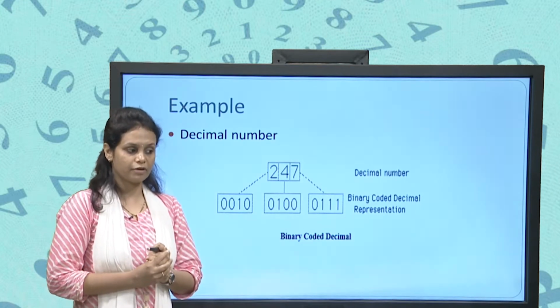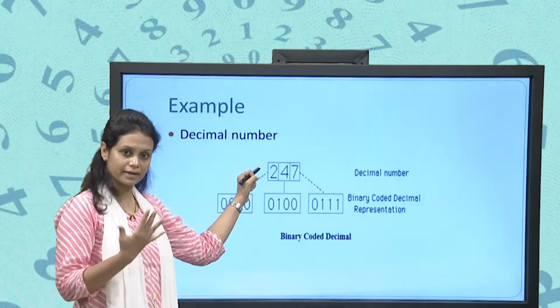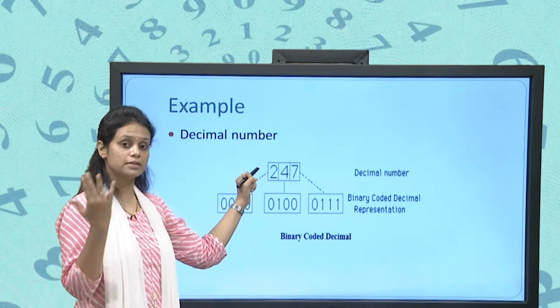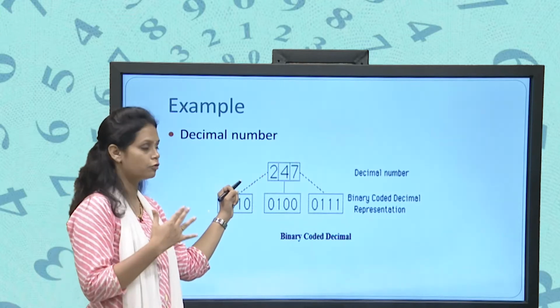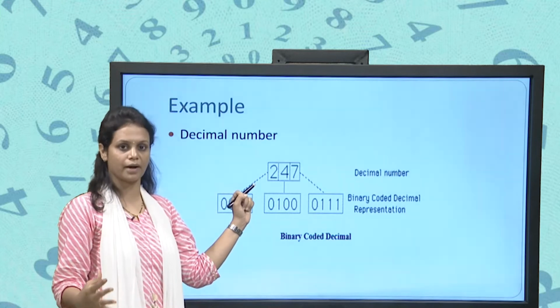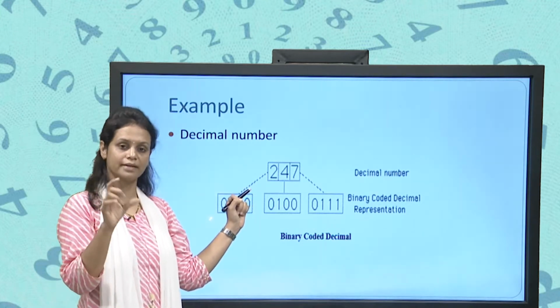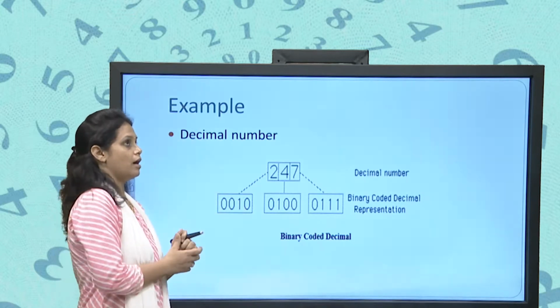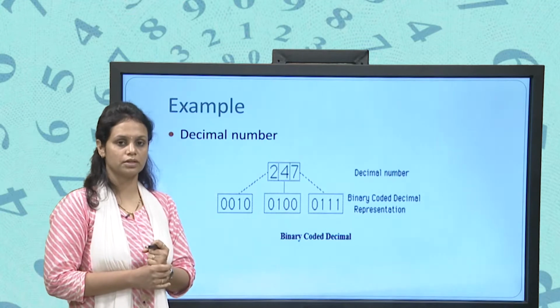So if we want to display this number in binary, then we have seen the procedure in a previous lecture. Fine, we divide 247 every time by 2, and whatever the remainder, we keep track of the remainders in reverse, and that is our answer. So we can say that a certain number of bits are used in the binary number.